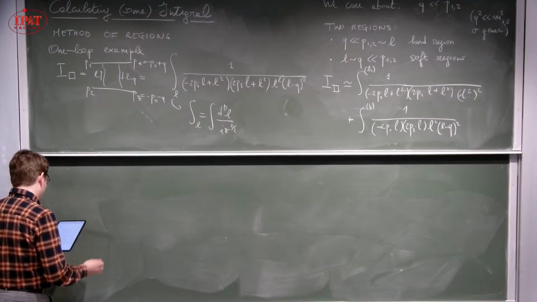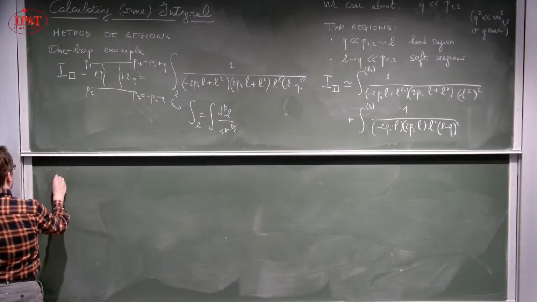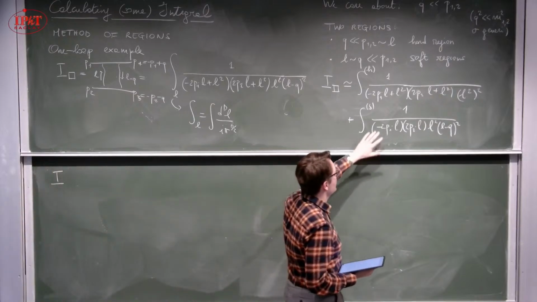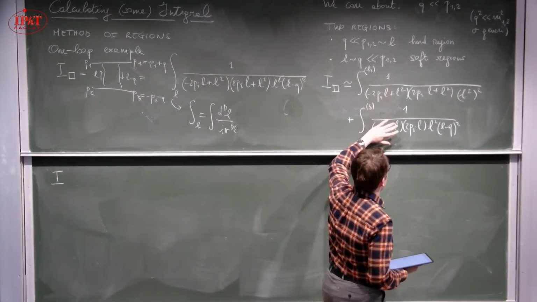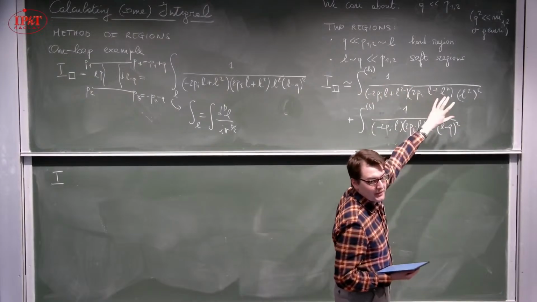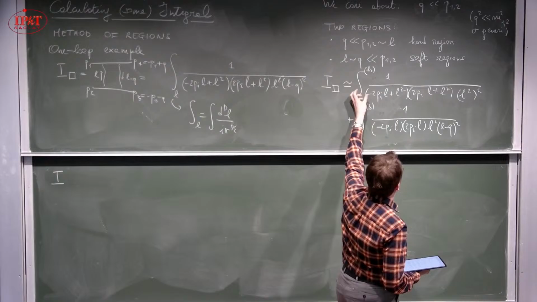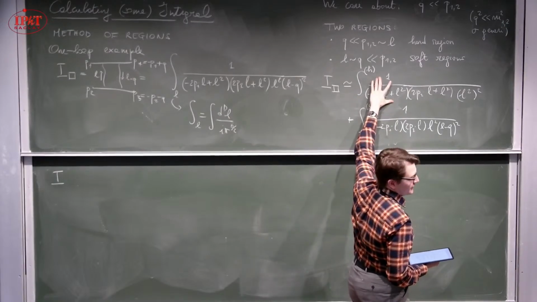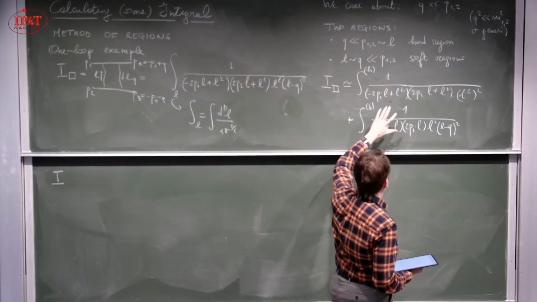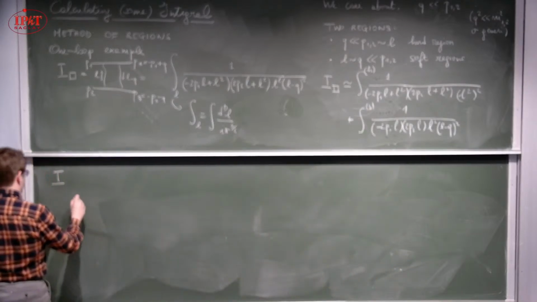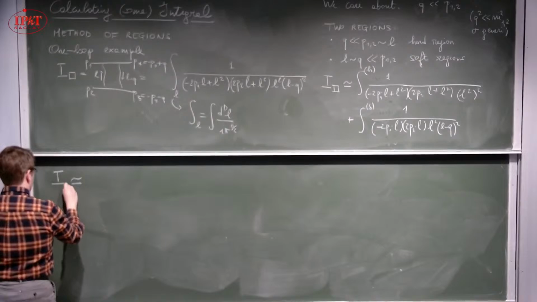So the trick that this technique employs is to add and subtract the pieces that are missing from these two contributions in order to re-extend them to the whole space-time. So we are going to add back the integral over the soft region of the hard region integral and the integral over the hard region of the soft region integral. So let me do it and then comment.